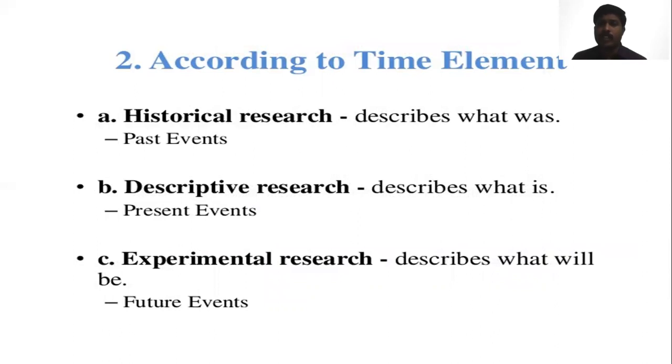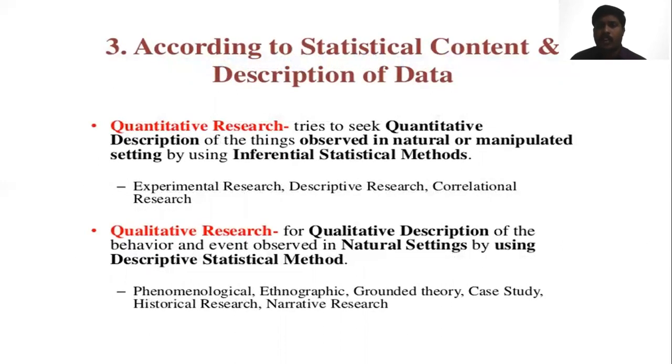According to time element, the research will be classified into 3 types. One is historical, descriptive, and experimental. That is past, present, and future events. And according to the data, the research can be classified as quantitative or qualitative.